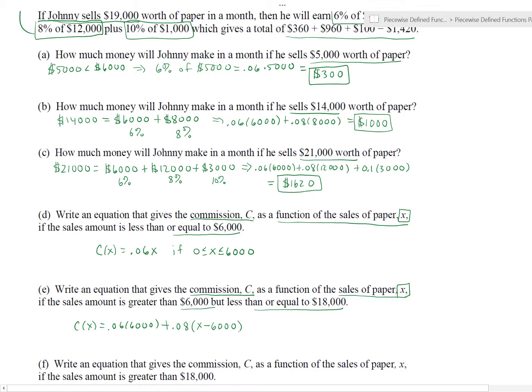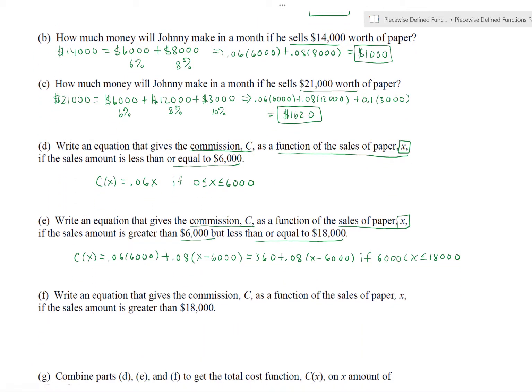That's why we have to subtract the first 6,000 when we plug in whatever this amount, X, into the formula. Now, if you simplify this a little bit, that gives us 360 plus 0.08 times X minus 6,000. And that is true if X is more than 6,000, but less than or equal to 18,000.